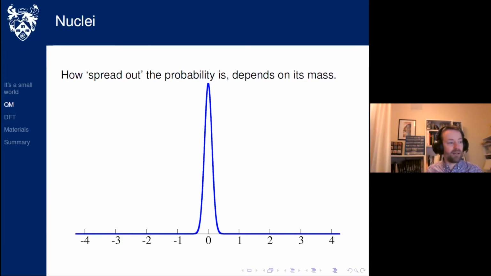So if now I was sampling just at 0 and 1 and 2 and 3 for my 10 by 10 grid, you see that the probability of it being at any point other than 0 is basically 0. The particle is at location 0. In other words, I've sort of gone back to my classical picture.